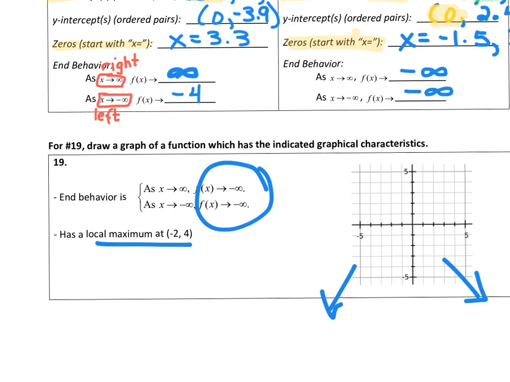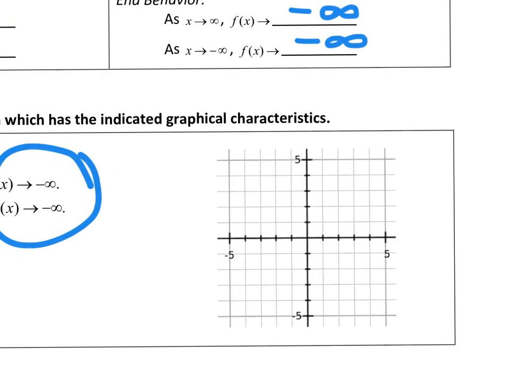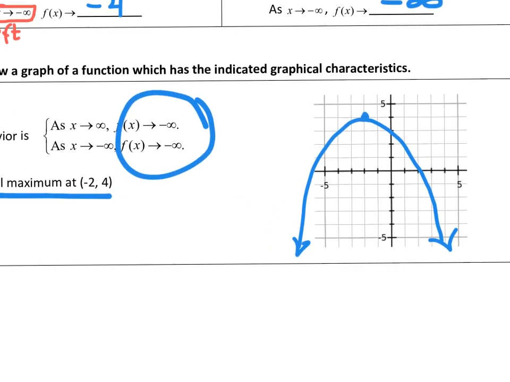So I'm going to put a maximum at negative 2, 4, which is right about there. And it doesn't matter what function. It could be absolute value, it could be quadratic, but what I have here is a graph with a maximum at negative 2, 4, and both end behaviors going down.